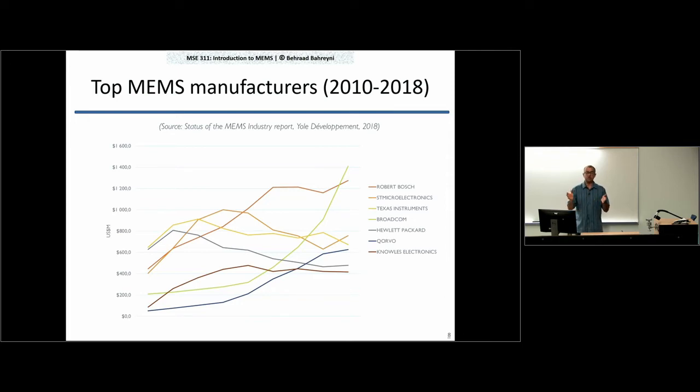They're making the most out of everybody else. All those that make sensors, they're making less MEMS than Broadcom, which is only making RF MEMS. But companies like ST Microelectronics, Robert Bosch, HP, they're basically well-known names in the microelectronic industry.